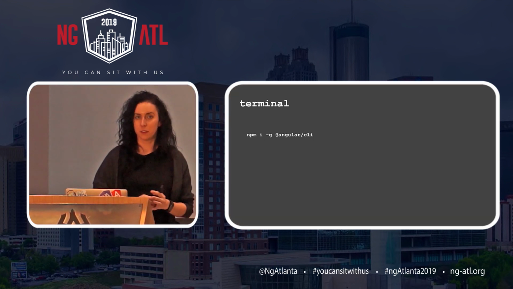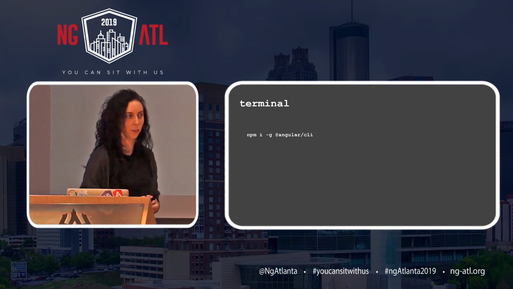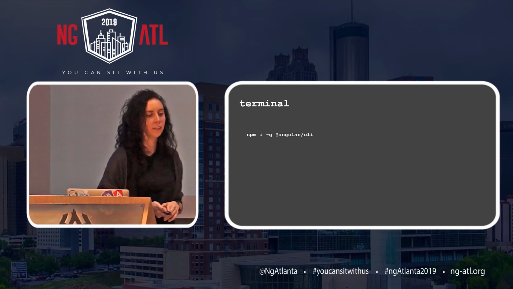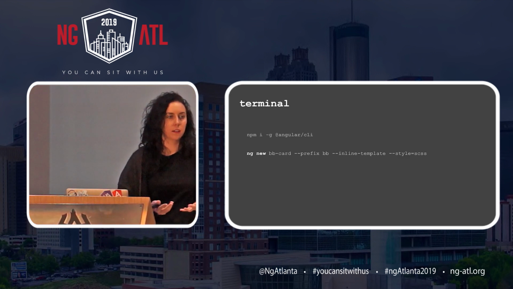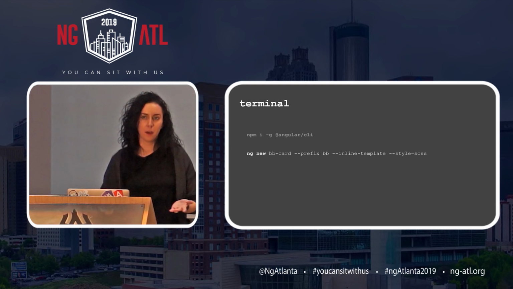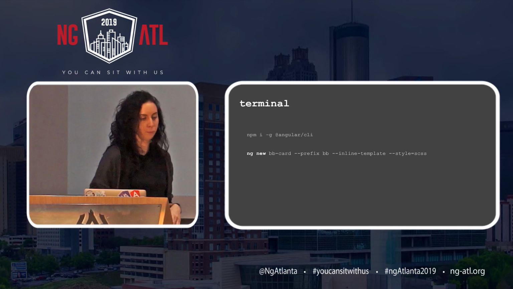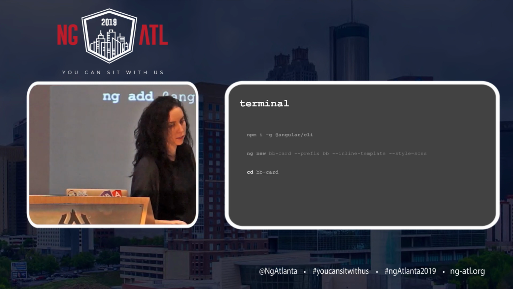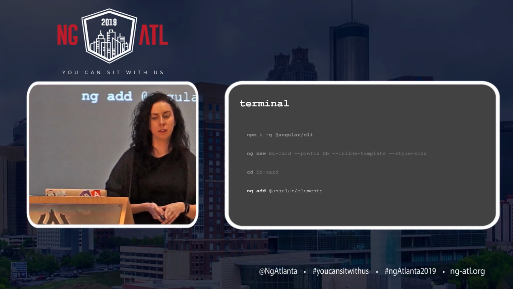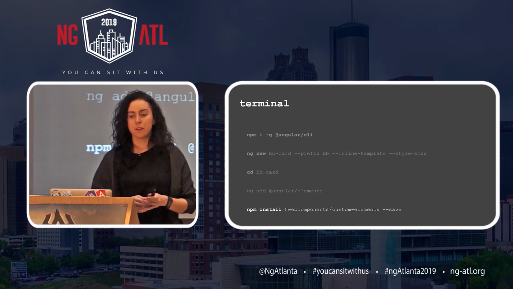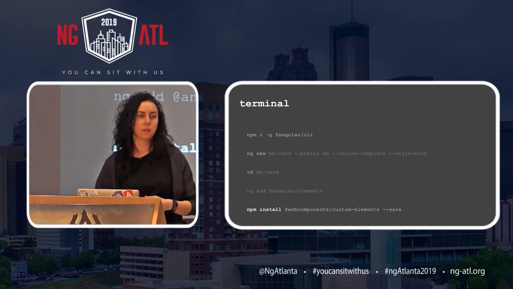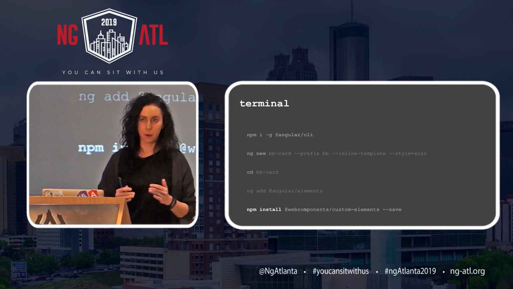First of all, we need to install Angular, which I guess you all already have installed, I hope. And then you create a new project. The flags I use are just out of personal preference. They are not necessary to use for Angular elements. Then we go into our project, and we add Angular elements. Then we install the custom elements from web components and save them so that we have access to the polyfills.